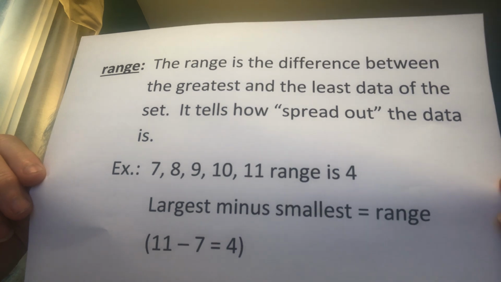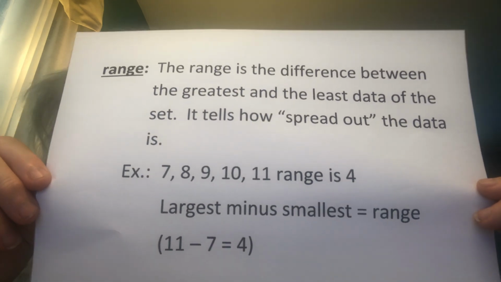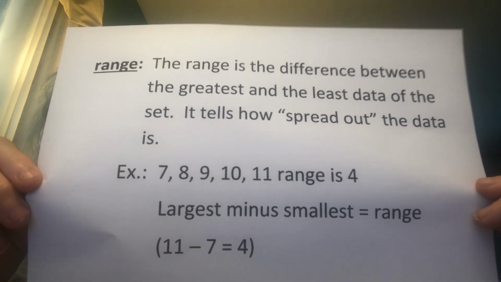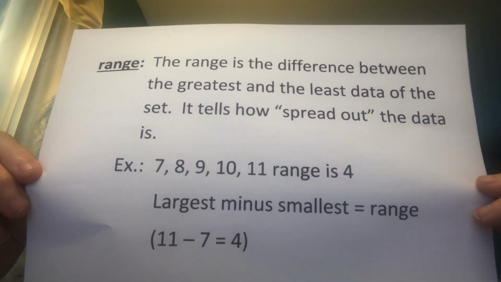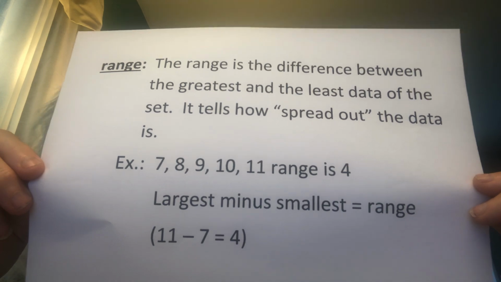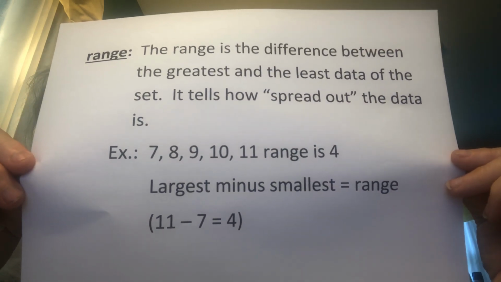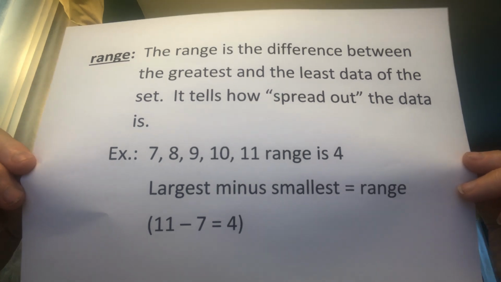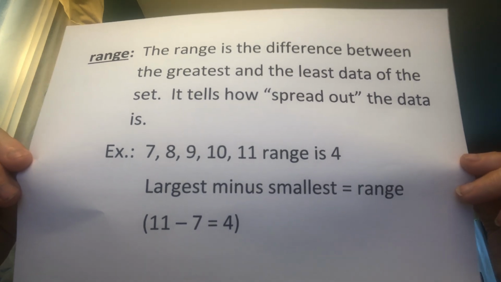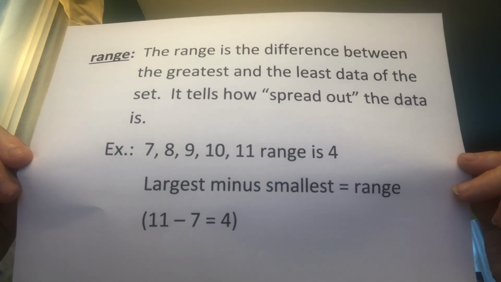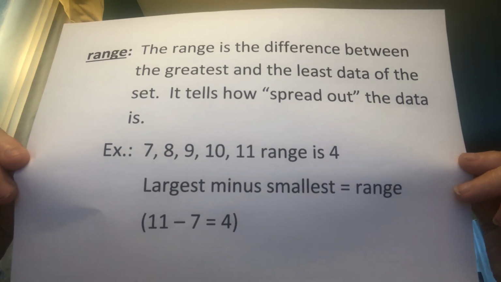All you have to do is take the largest value, which was 11 years old, and subtract the lowest value, which was 7 years old. When you do 11 minus 7, you get 4. So the range is 4. All you do is take the highest value minus the lowest value, and that tells you the range.